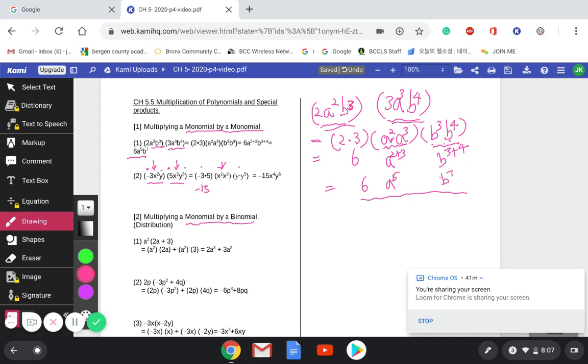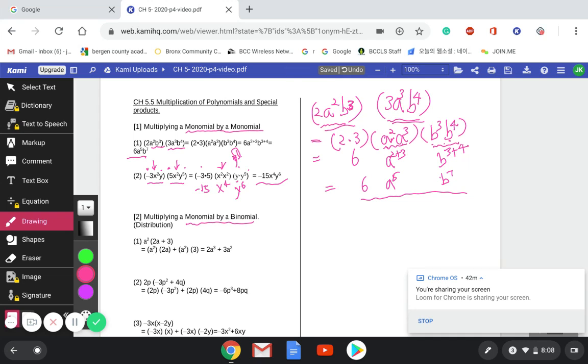Now x squared times x squared becomes x to the 2 plus 2, which is 4. Now y times y fifth, y means y to the 1, so 1 and 5 makes 6. Okay, again, no power means 1 power. Okay, so you end up with that.